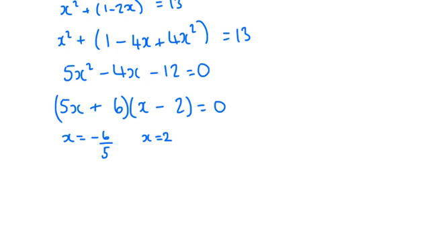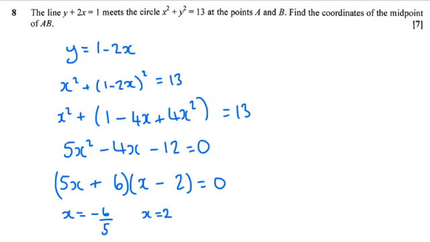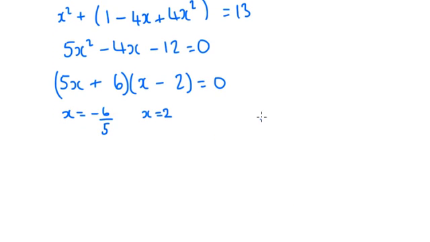We need the full points because we need the midpoint. So we need the y values, and y was equal to 1 minus 2x. So let's do this one first, that's easier. When x is 2, y is going to be minus 3, 1 take away 4.